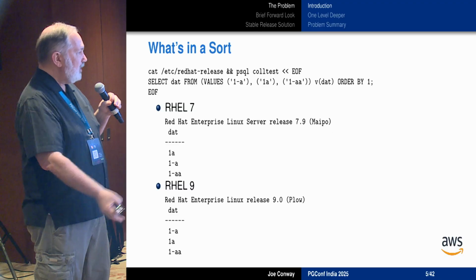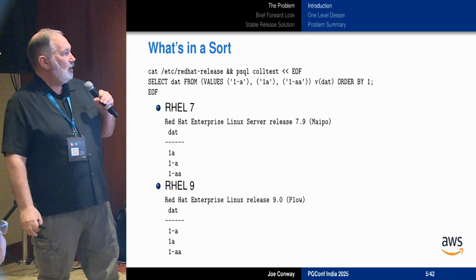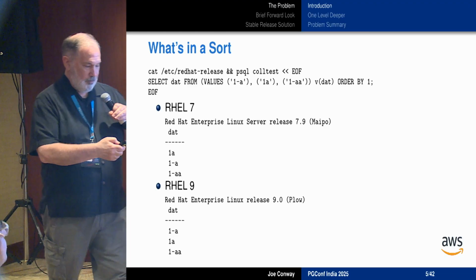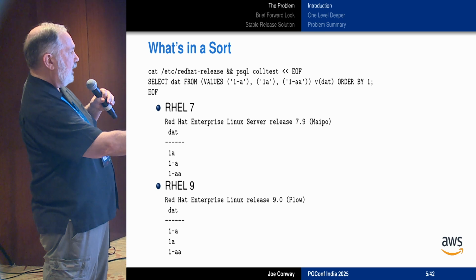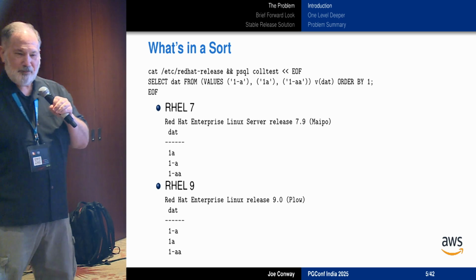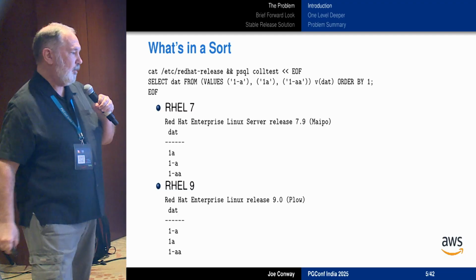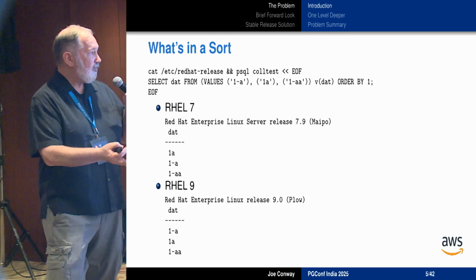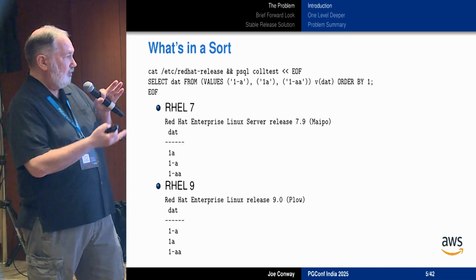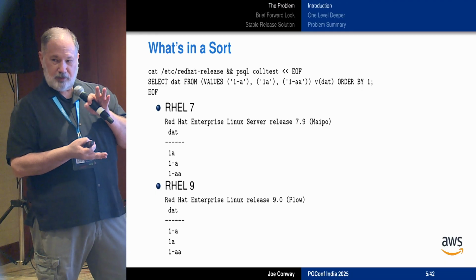Okay, so these are just ASCII characters, right? If you're on RHEL 7, I'm going to call this a tree shape, all right? And if you're on RHEL 9, you're going to get this other shape, which I'll call a bush, all right? So right off the bat, you can see that very basic characters will sort differently on those two systems.